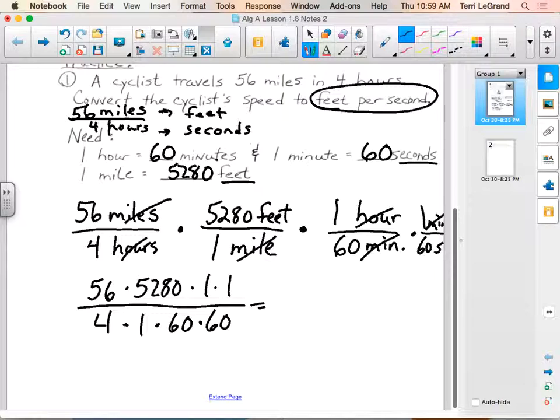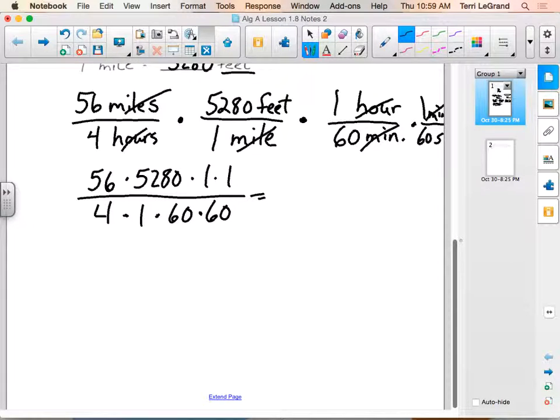There's other ways too, but I think in this scenario we're going to do it this way. This would be one of those times you don't want to be without a calculator. You have to do longhand multiplication and division.